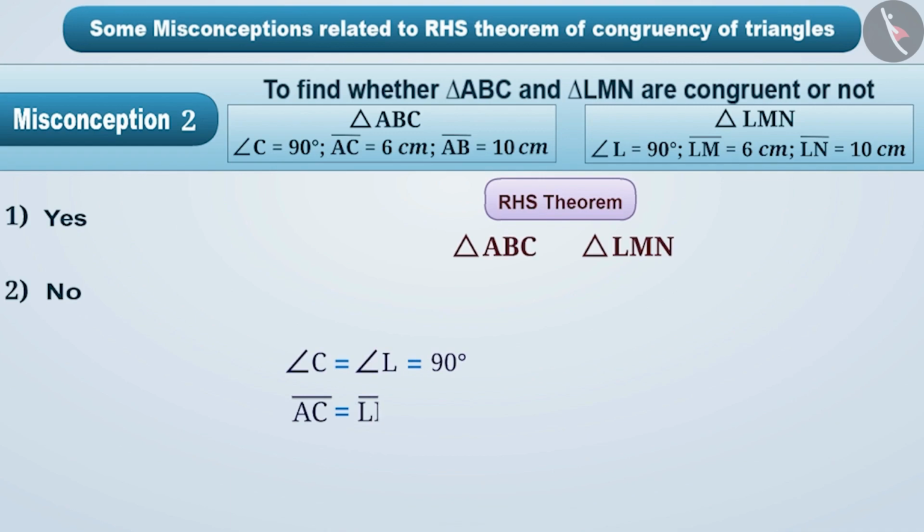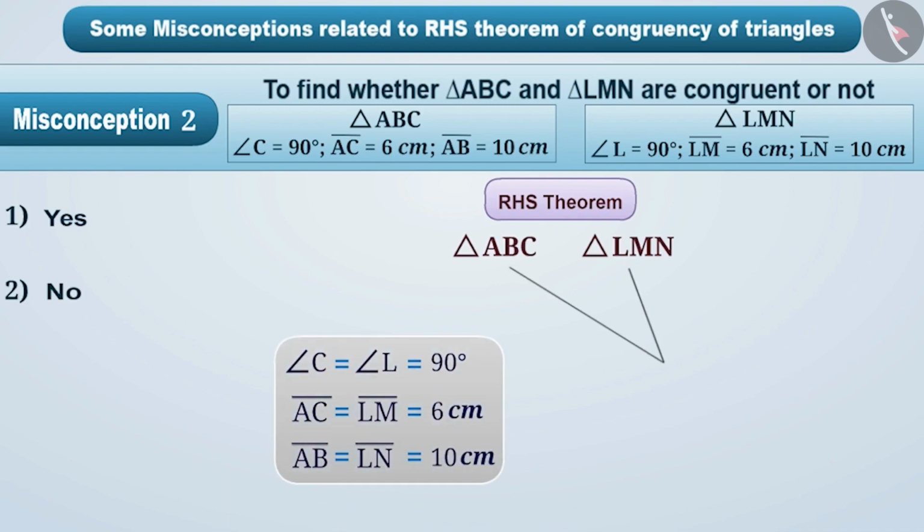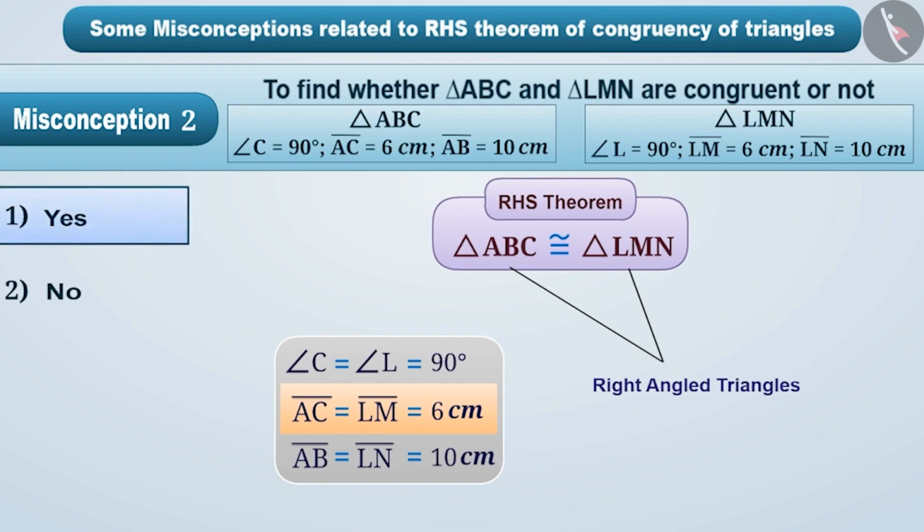AC is equal to LM is equal to 6 cm. And AB is equal to LN is equal to 10 cm. Realizing that both triangles are right-angled triangles and their two sides are equal, they assume that both triangles are congruent under the RHS theorem, and from this understanding they select option 1. But it is a wrong answer.